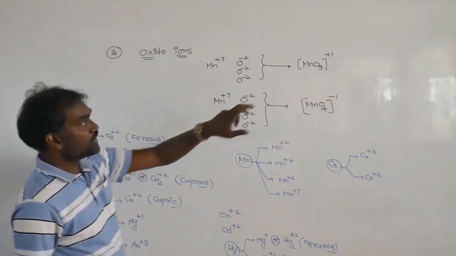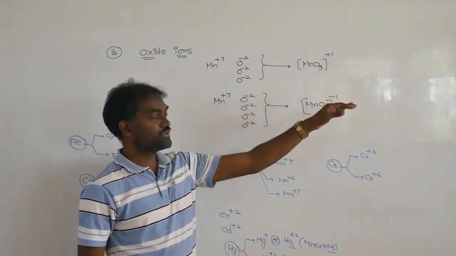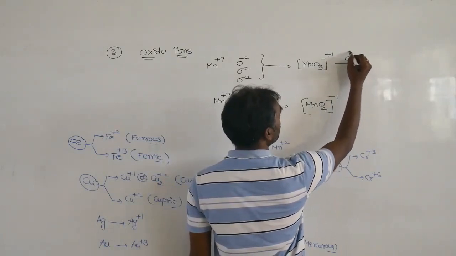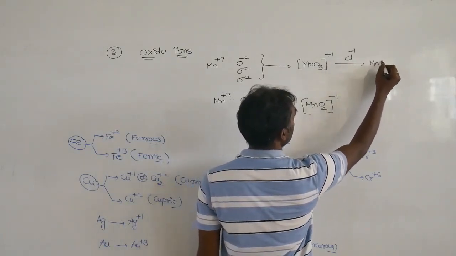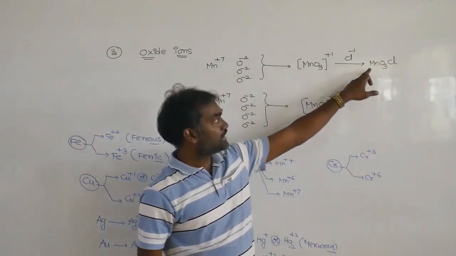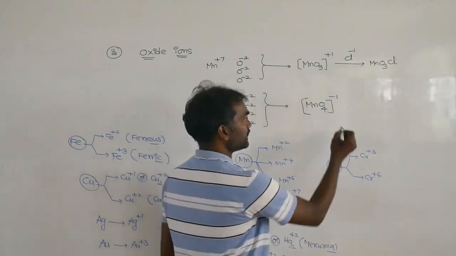See, plus 1 is combining with minus, negative is combining with positive. Suppose plus 1 is combining with chlorine minus 1. What happens? MnO3Cl. So manganese trioxychloride. So oxyhalide you will get.